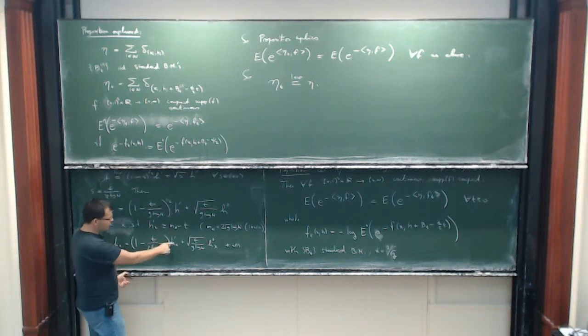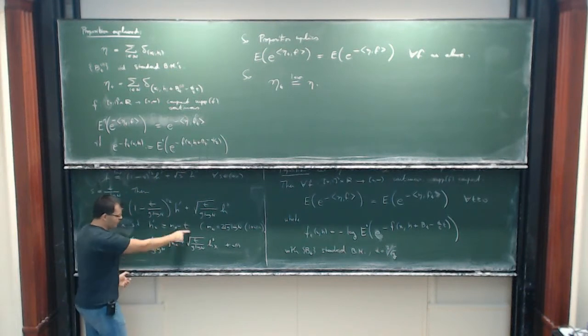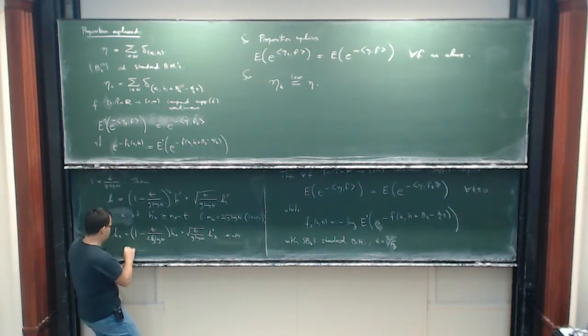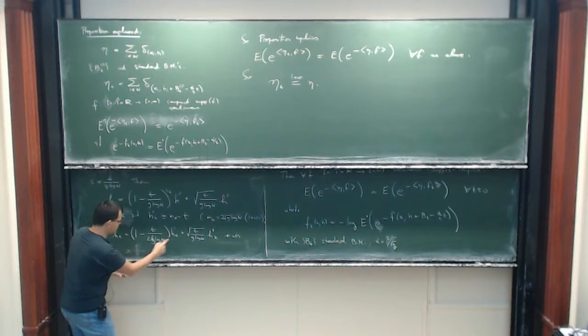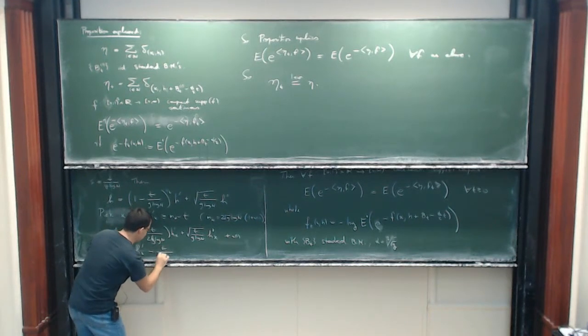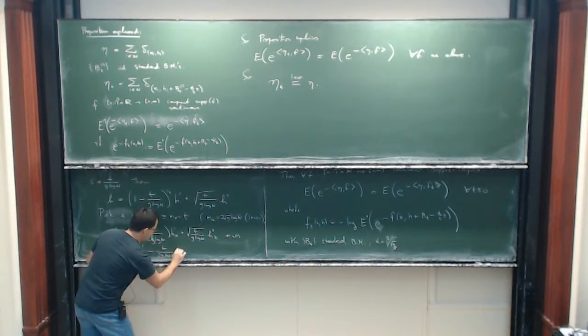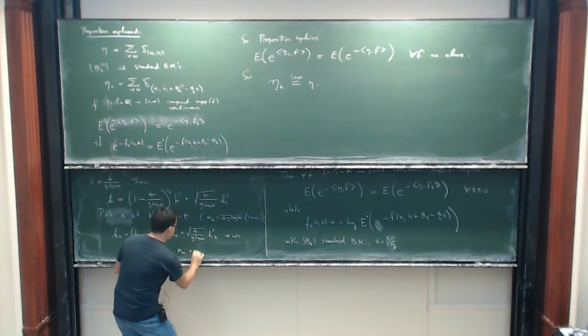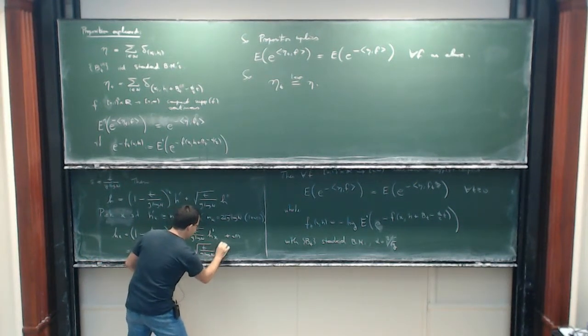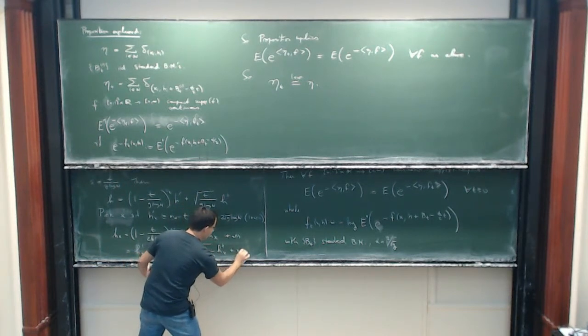And now since h prime of x is of order m_n, I can replace h prime of x by m_n and again lose something which is of vanishing order. So I can write this as: first, I keep the h prime of x for the 1, and in here I replace this by t over 2 g log n times m_n plus square root of t over g log n times h double prime of x plus a little o(1).